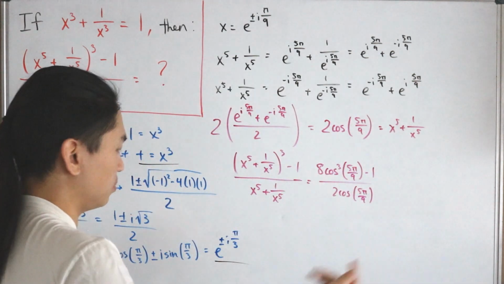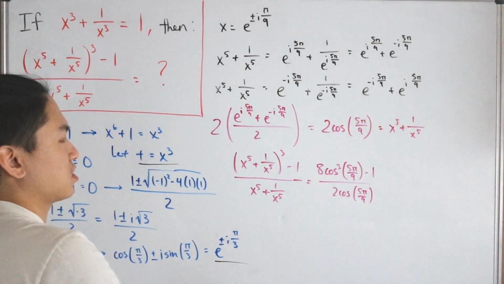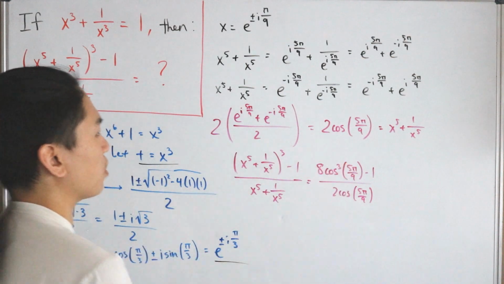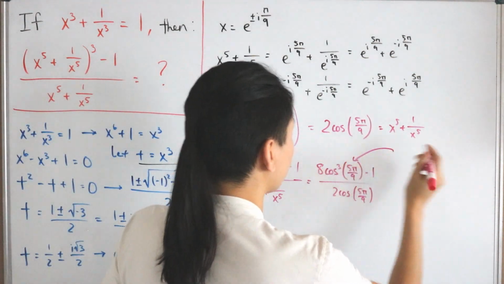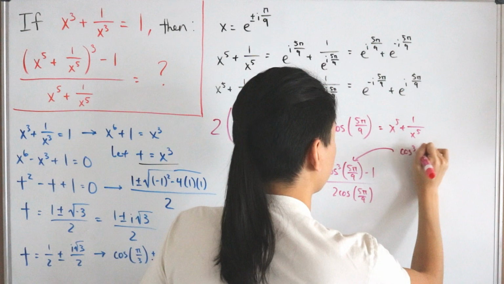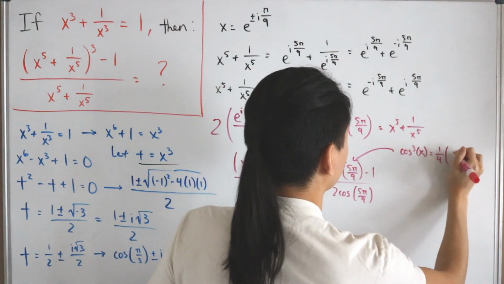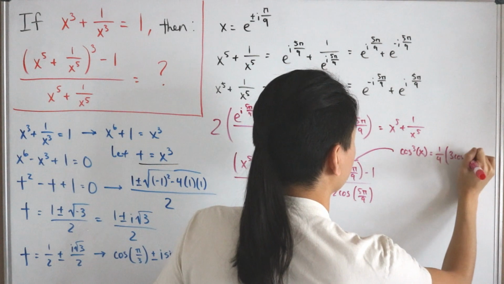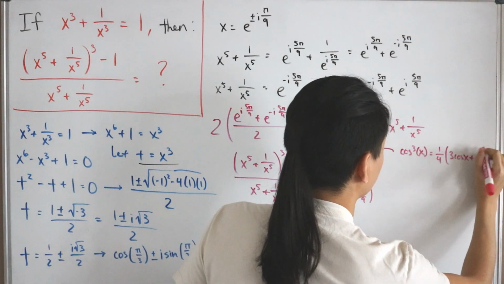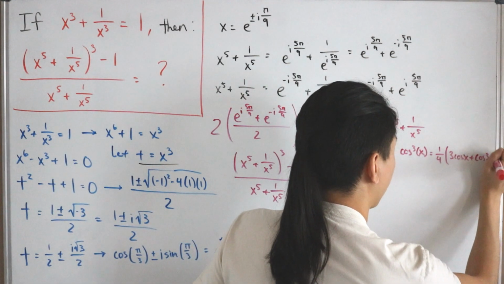We're not done there. You may think this is as simple as it gets, but we can apply a little trig identity here such that cosine cube of x is the same thing as 1 divided by 4 multiplied by 3 cosine of x plus cosine of 3x.